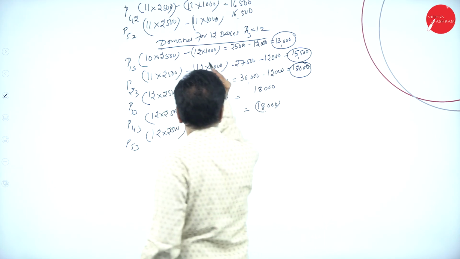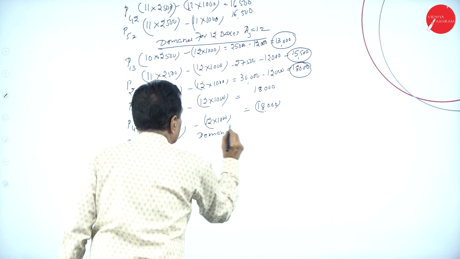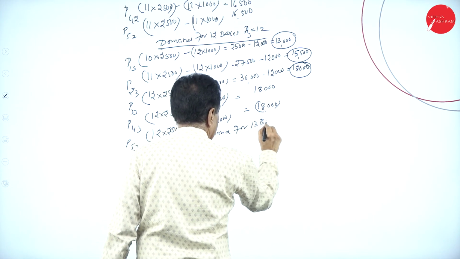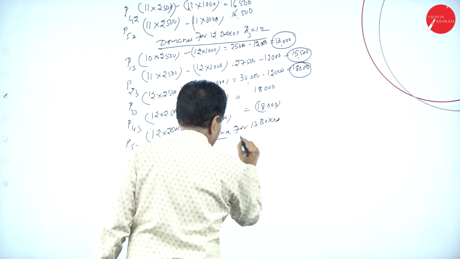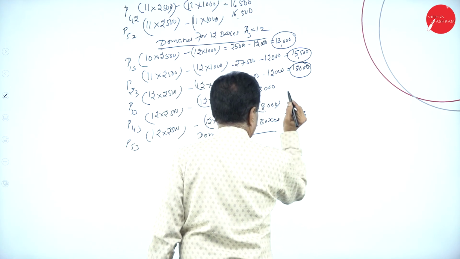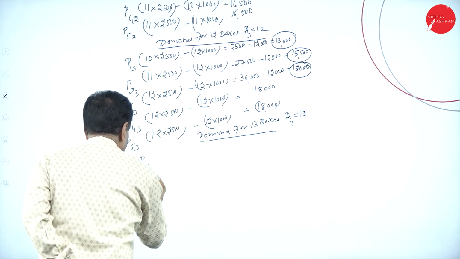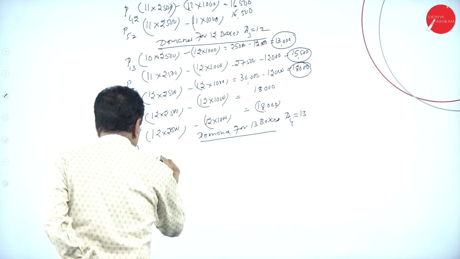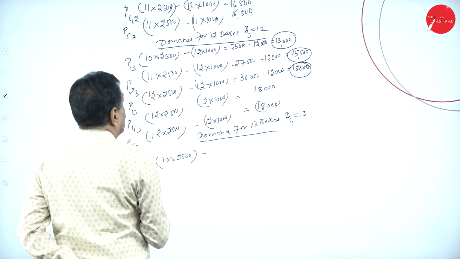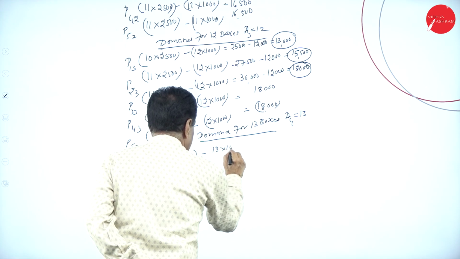So now demand for 13 boxes. A4 is 13. P14: 10 into 2,500 minus 13 into 1,000.